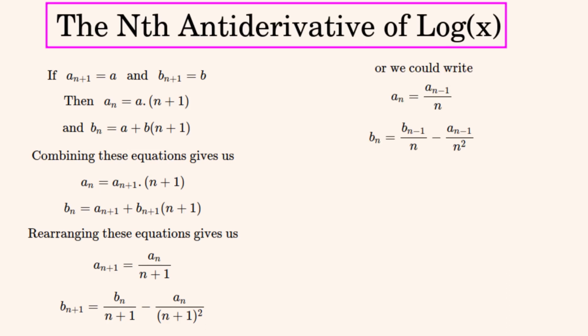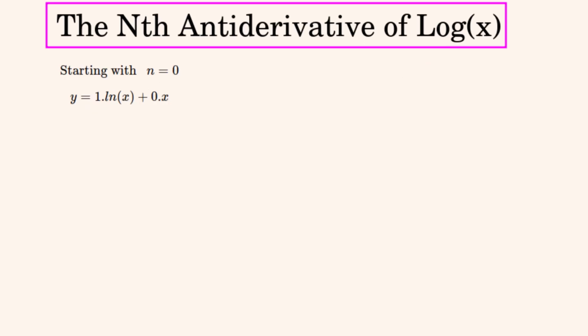And we can rewrite them like this. So these equations give us the next pair of constants to give us the next antiderivative of log x from the previous antiderivative. And we can use these equations to keep finding all of the antiderivatives of log x up to the nth antiderivative. So let's use these equations to get the next few antiderivatives of log x.